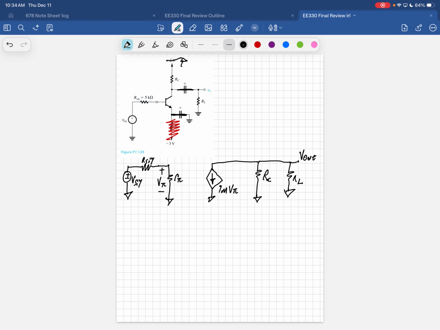The first thing you want to do is find V pi in terms of Vsig, because it's easiest to keep it in volts per volt throughout the whole system. So V pi equals R pi divided by R sig plus R pi, times V sig.